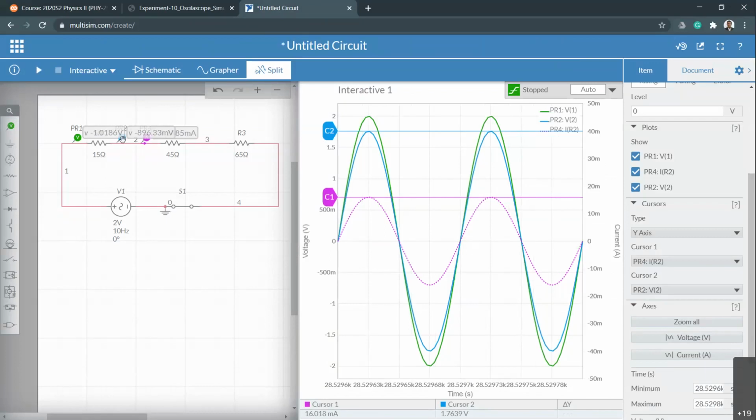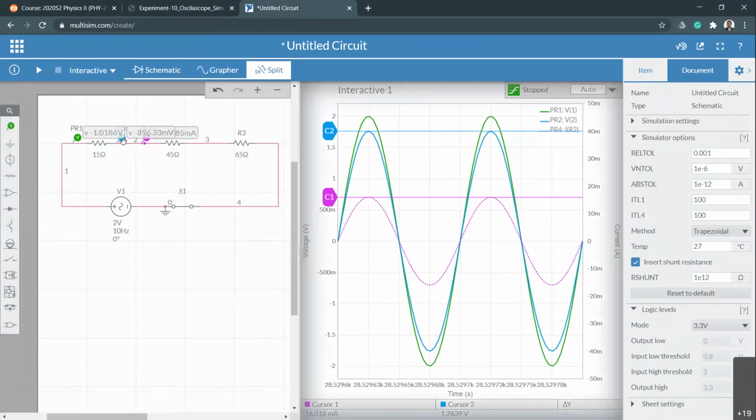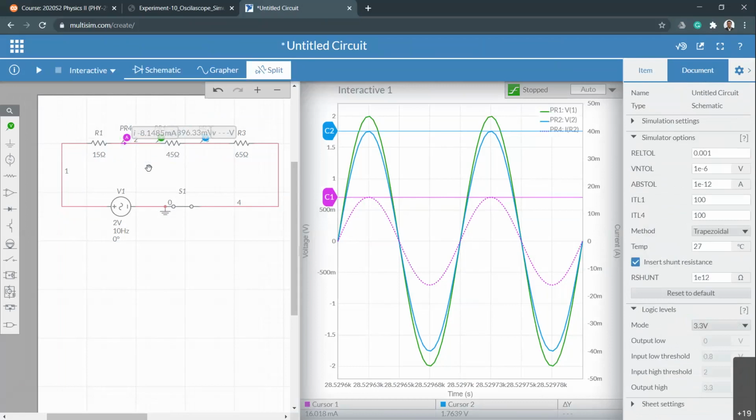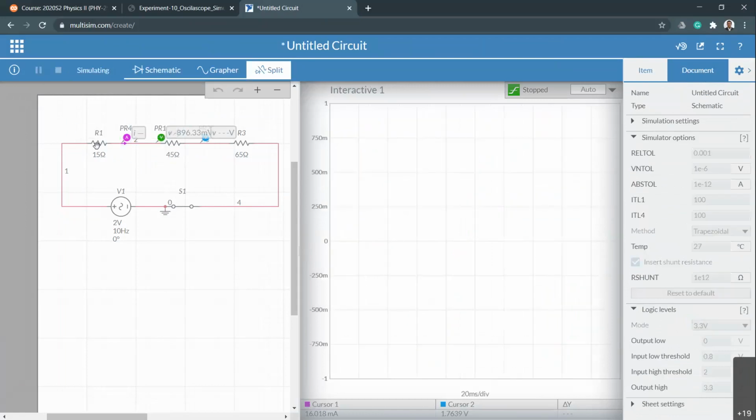But let it stop here and then move this voltage sensor between R2. So that means one voltage sensor there. I'm going to move this current sensor a little bit away and then bring the other voltage here. Since we already know the voltage in between, you already have that value, you can use that instead of measuring this again.